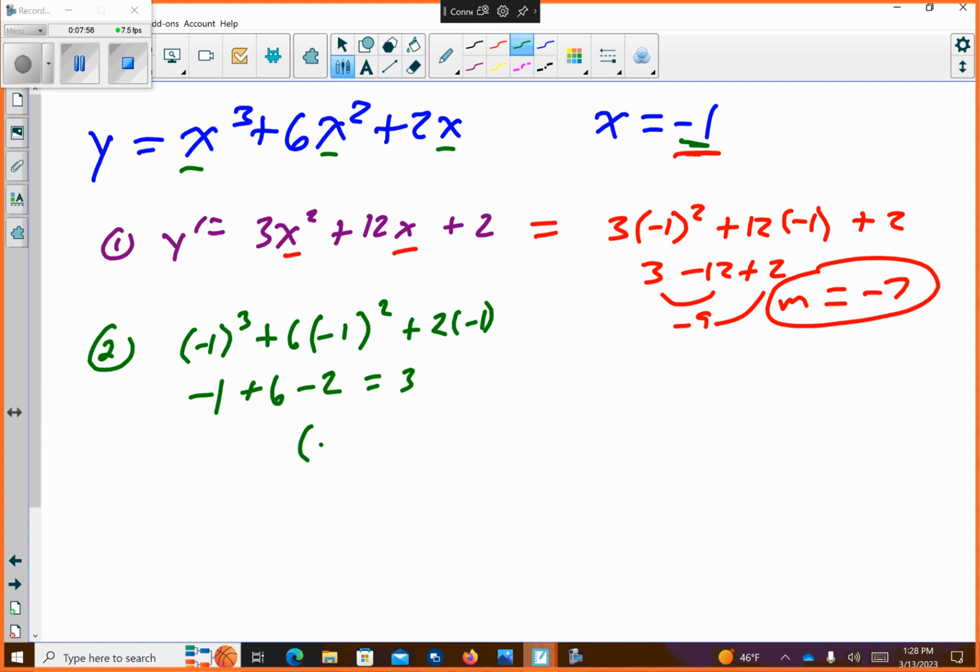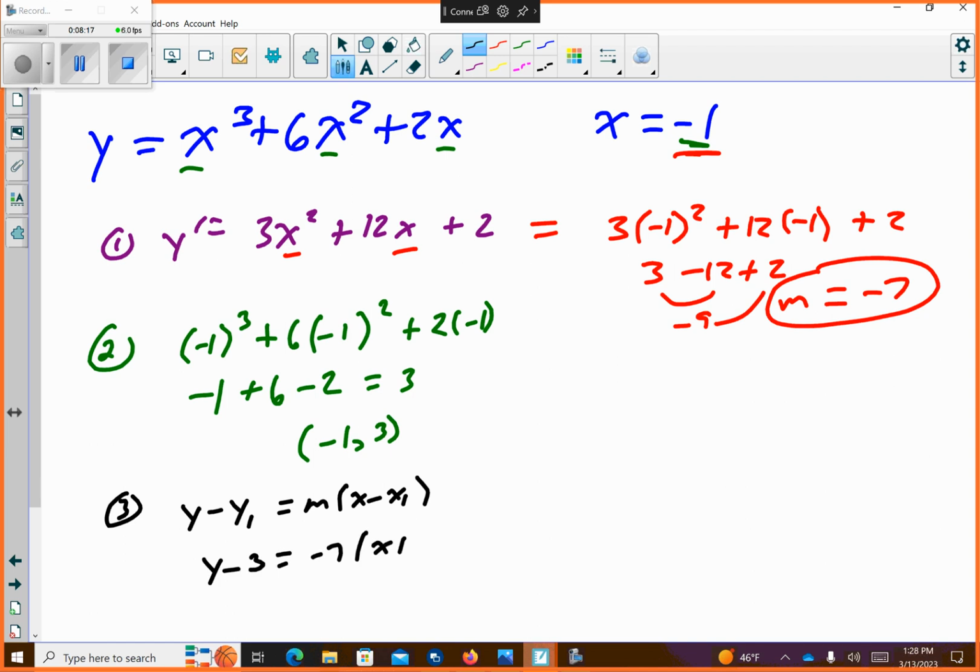So that tells me the point negative 1 comma 3 is the exact point of tangency. Third step, plug in a point slope. So that's going to give me y minus 3 equals negative 7 x plus 1. And there it is.